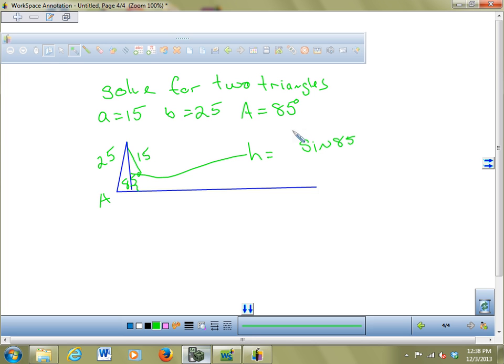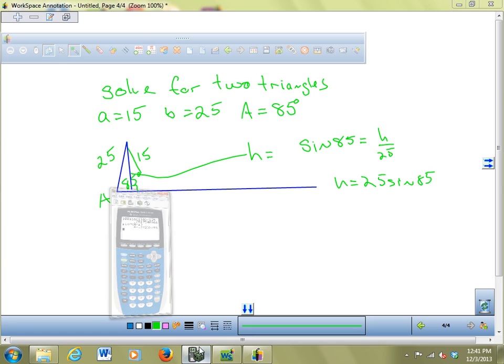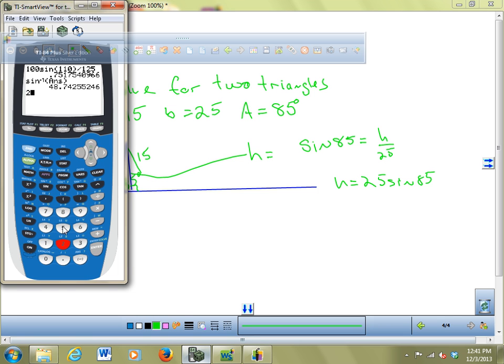So you'd say that sine 85 is equal to H over 25, in which case you get H equals 25 sine 85. And if you did that, what do you get? 25 sine 85 equals 24.9.